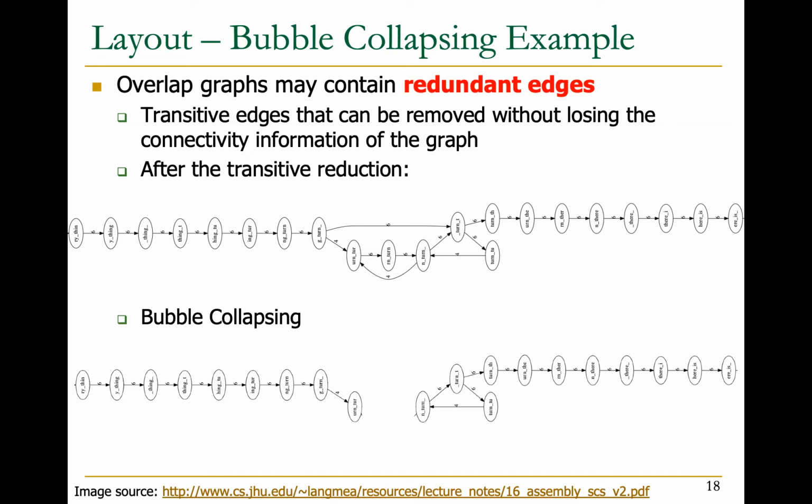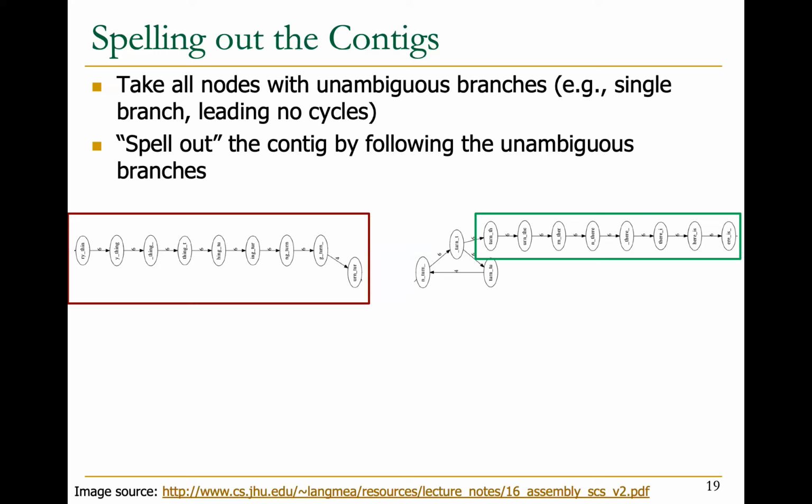So, all right, now the next step is essentially we want to spell out the contigs. We want to spell out the pieces of the assembly from this overlap graph so that we can construct the new de novo assembly from the overlap graph that we just constructed and then cleaned up with the layout step.